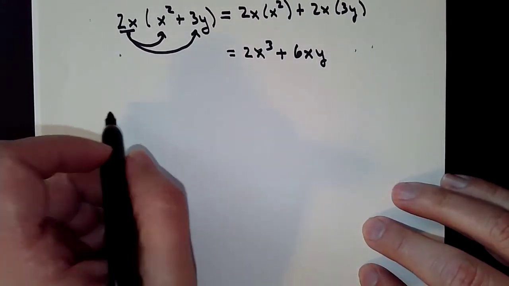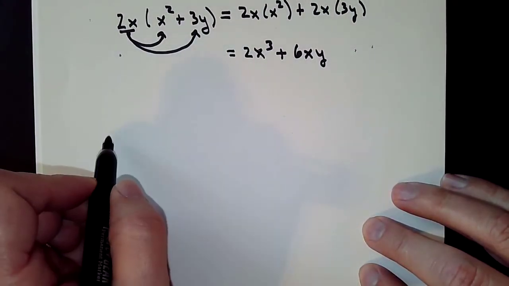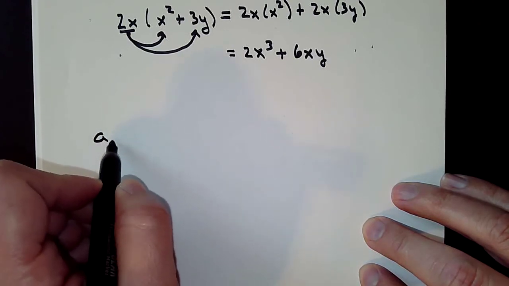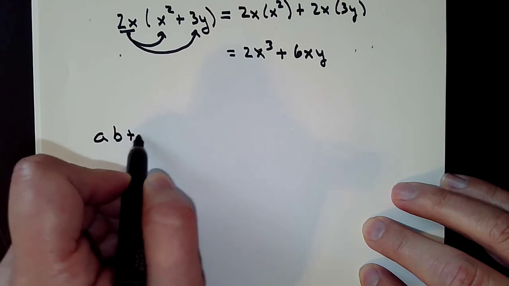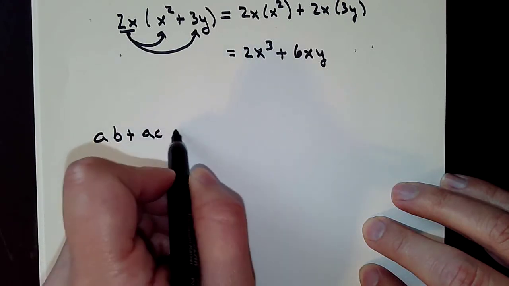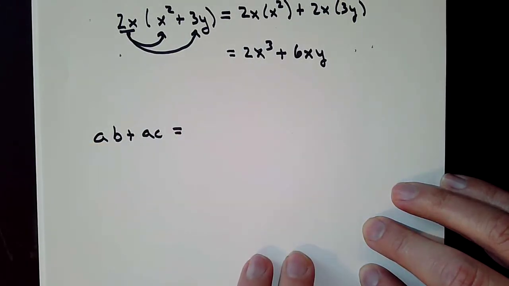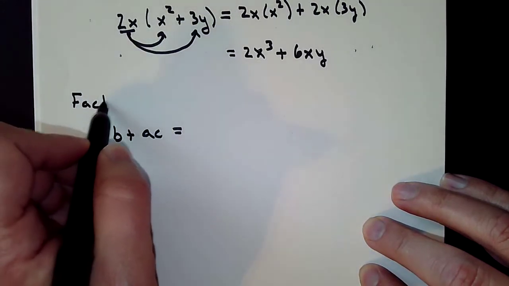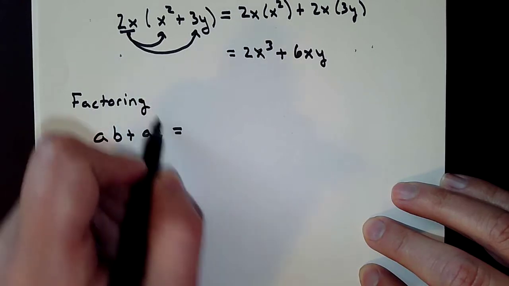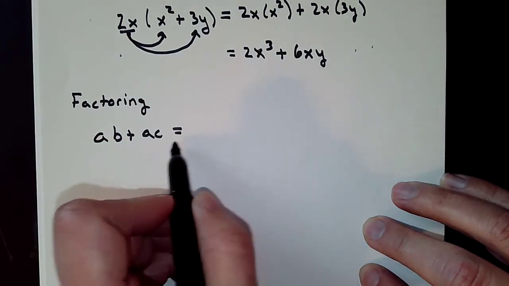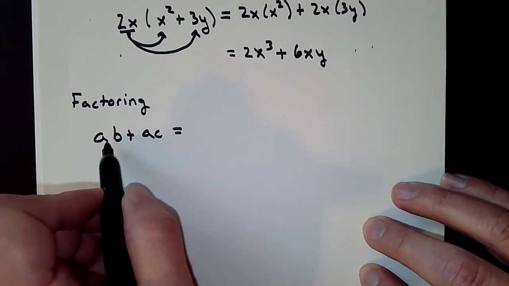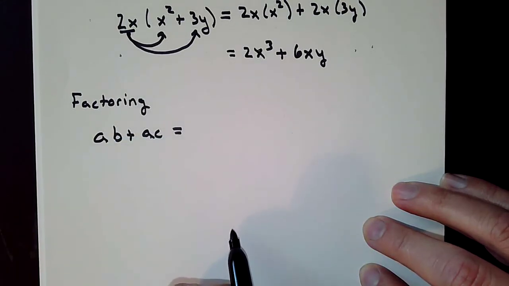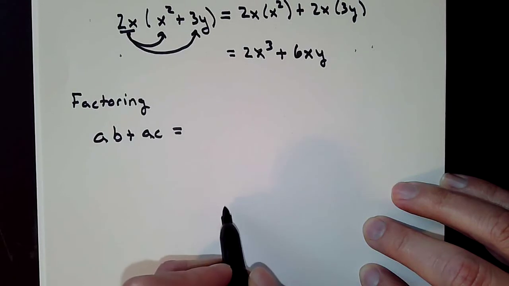So if we started with A times B plus A times C, it would be the process of identifying that A is a common factor in both terms.